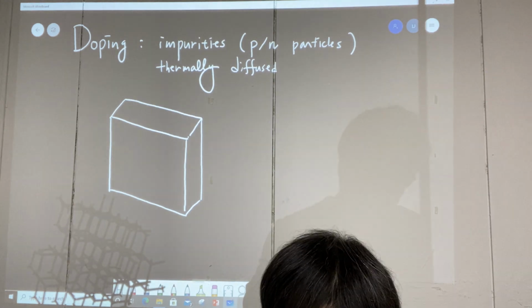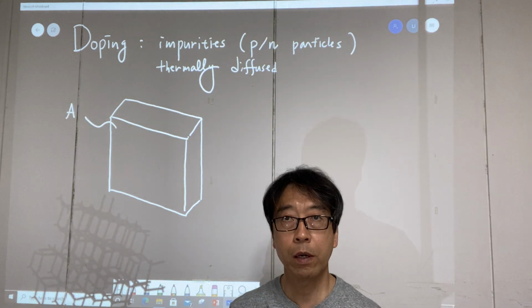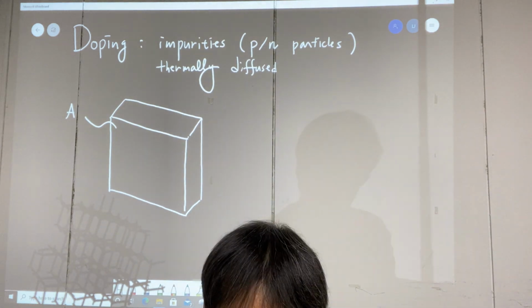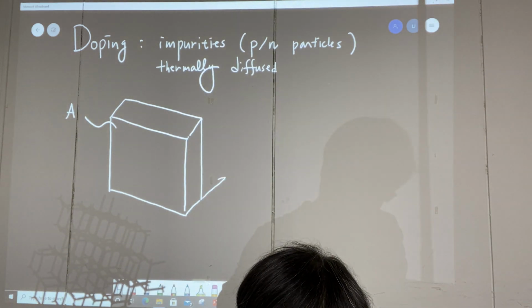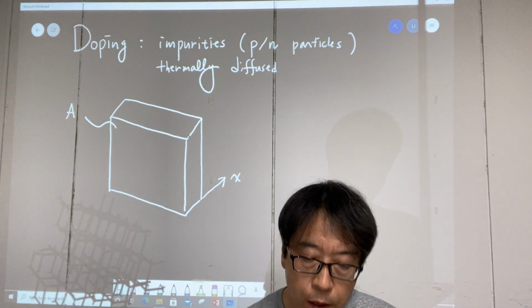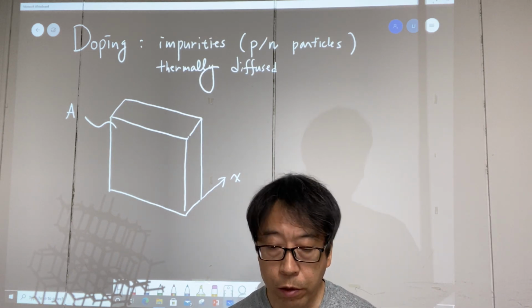Let's say in this little piece of material, this material will have a certain area, A, and space coordinate x is like this, all right? And there will be flux.